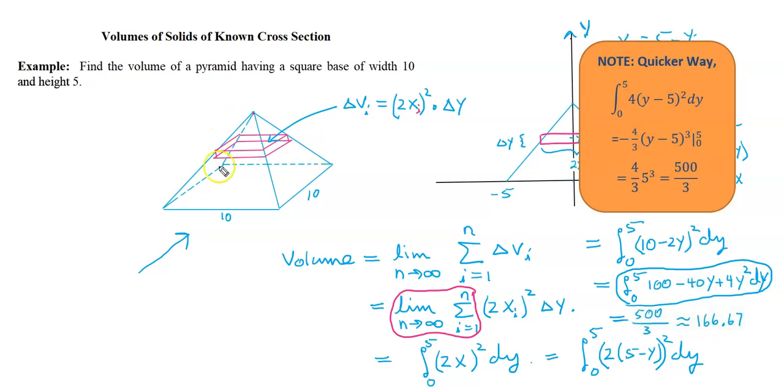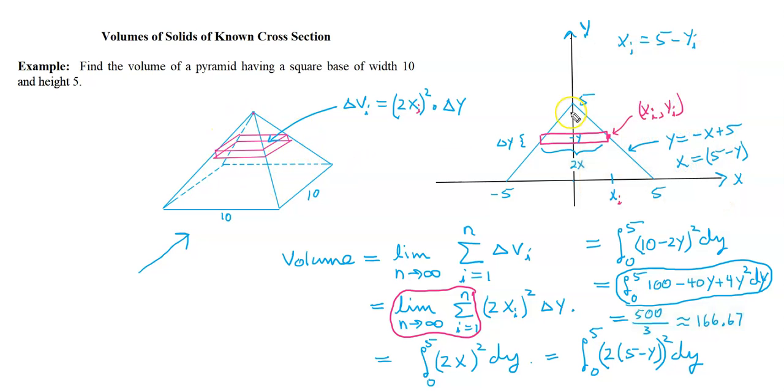So once again, notice the way we did this. We just partitioned this interval from 0 to 5 into little rectangles. We took one rectangle right here as an example, calculated the volume of its three-dimensional equivalent over here. So the volume we found was (2x_i) squared times delta y.